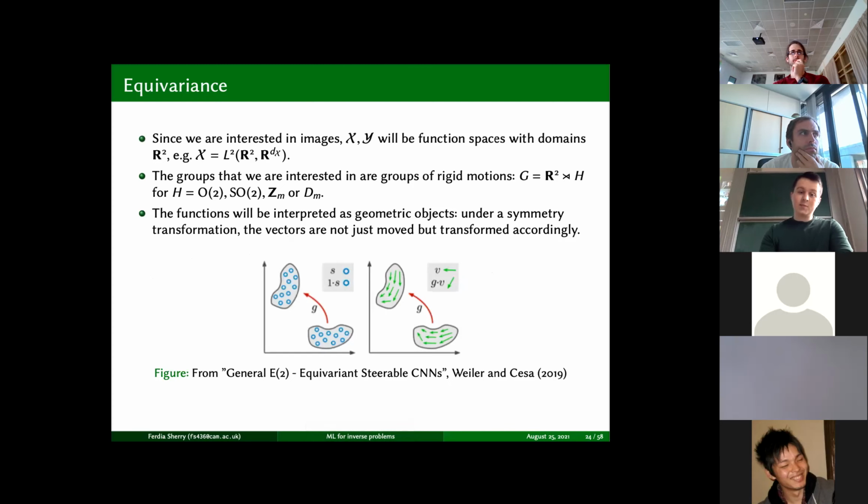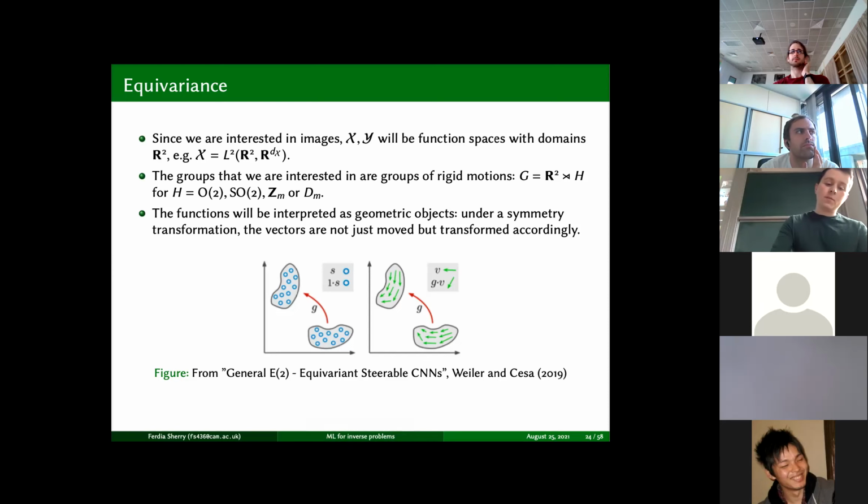In this specific case, we're going to be looking at images, and potentially these images take vector values, and these vectors are going to be geometric objects. This nice image from the paper I mentioned really illustrates what I mean.